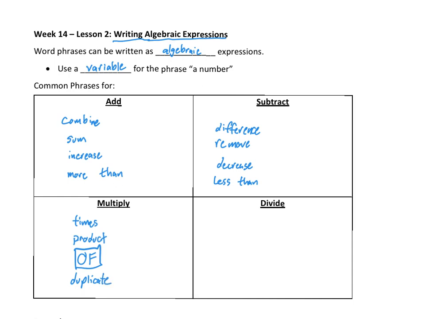To divide, how much something goes into something else. When we separate into parts, when we split something. And the big one that should stick out in your notes is the word per. Spend a lot of time with that when we get to unit rates and ratio.